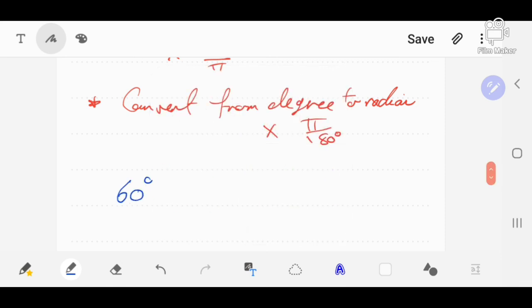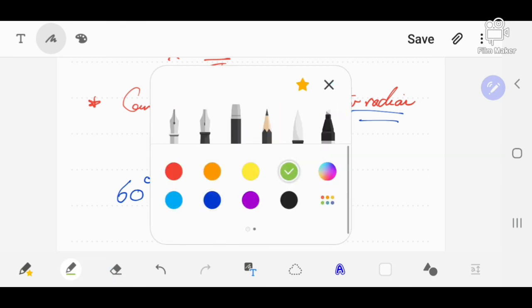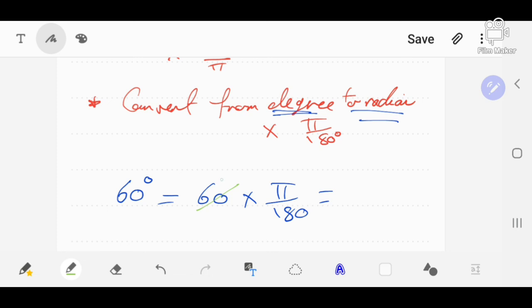After you simplify here, over 60 that's 1, over 60 that's 3, so 60 is equivalent to pi over 3. And does that make sense? Yes, we have just got here that pi is equivalent to 180, which means that 180 over 3 will give you 60.